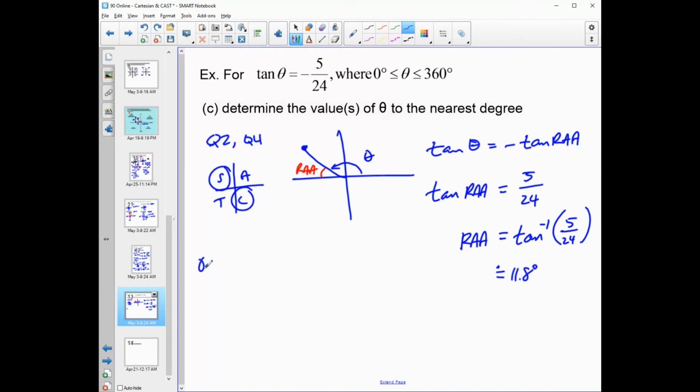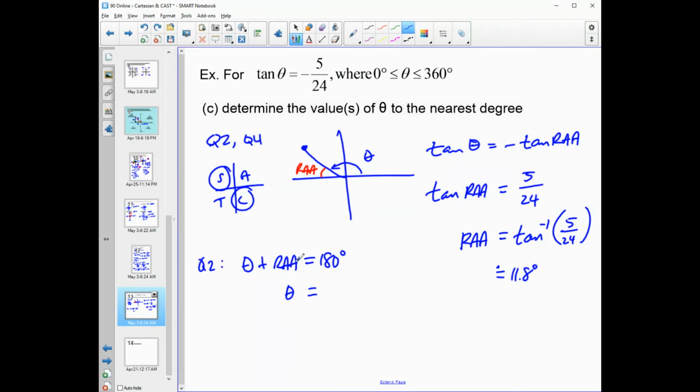So in quadrant 2, how does this related acute angle relate to my angle theta? Before I write my answer directly for theta, I'm going to say that theta plus the related acute angle must add up to 180 degrees.